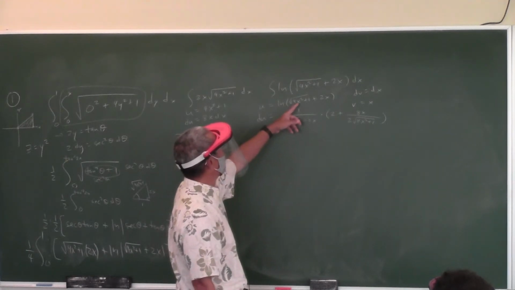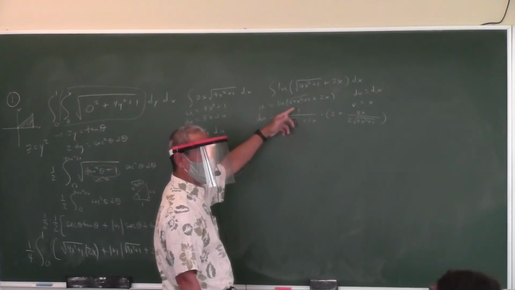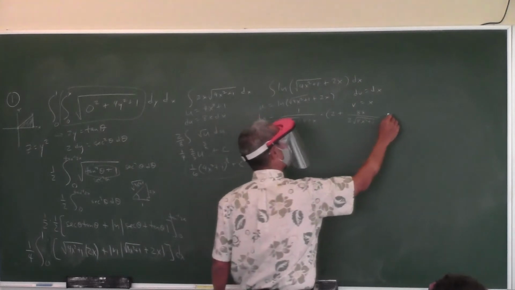The derivative, oh, come on. This is like x to the 1/2, right? So 1/2 x to the -1/2 times the derivative of the inside, dx.